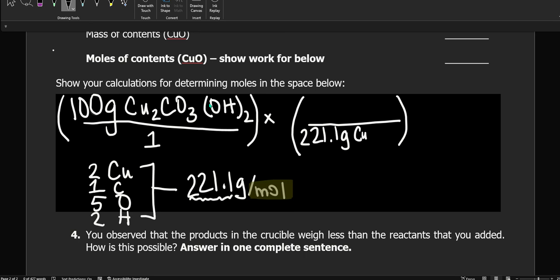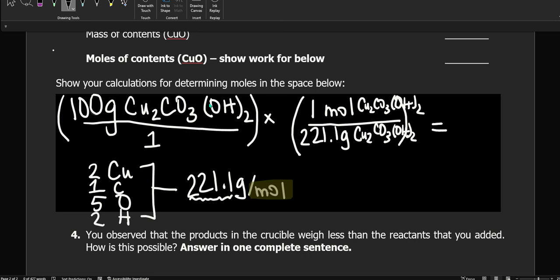So Cu2, you get the point. I'm just making sure I write it out. Okay, so that's the grams, and then at the top, instead, what's going to happen is just 1 mole of Cu2CO3(OH)2. And then you calculate it out.